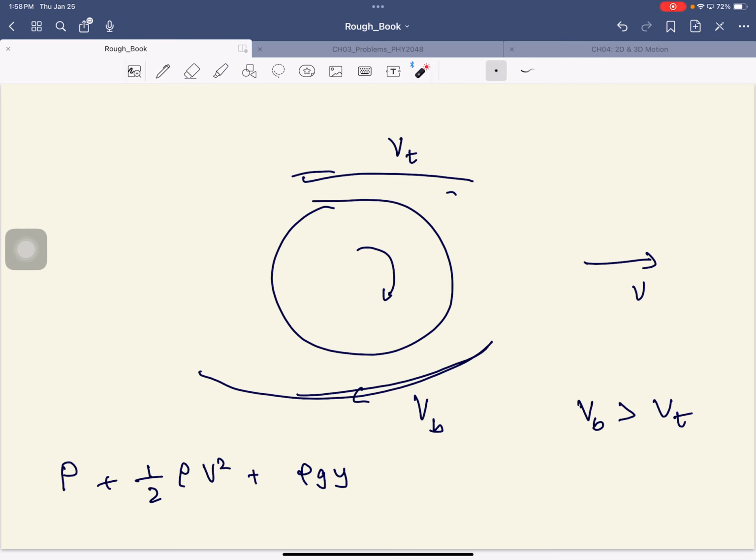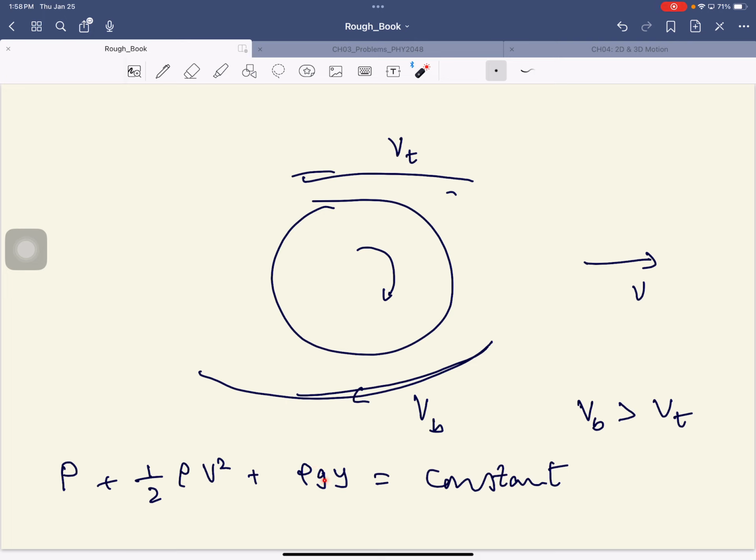Okay, what this equation is telling you is the pressure at a given location plus the kinetic energy of the air fluid flowing per unit volume plus the potential energy. The sum of these three terms is constant. Okay, right now we'll take these to be the same.